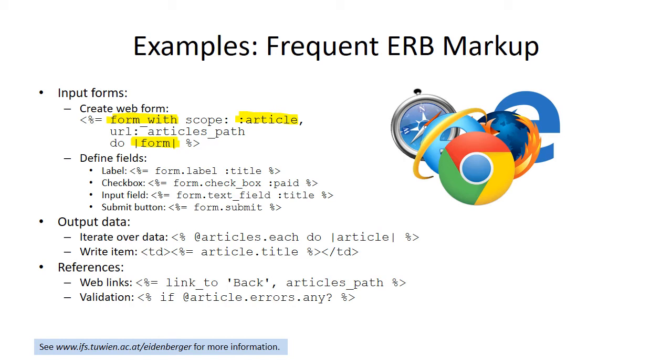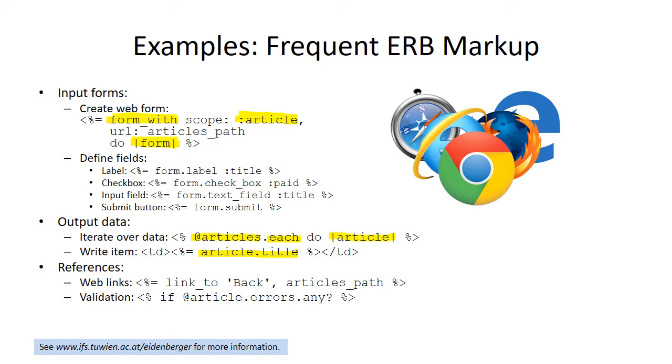Okay, if you want to output data, you have the possibility of looping over subfields, for example, by using that instance variable articles and saying that for each of those articles, you, for example, write the item here in an HTML table, giving the title each. So it's a very simple, very easy to use notation.